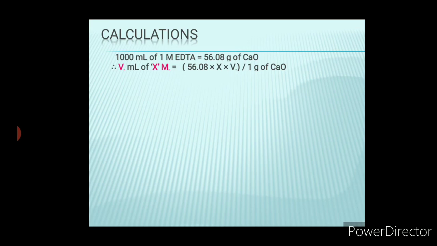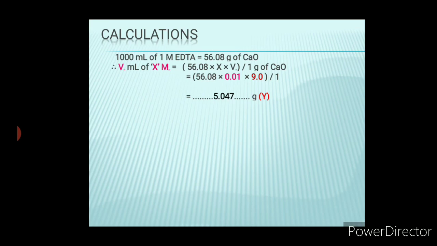Here X is the molarity of EDTA, which is M EDTA, and V is the burette agreeing value. After substituting, 56.08 into 0.01 into 9 divided by 1, we get 5.047 gram of calcium oxide.